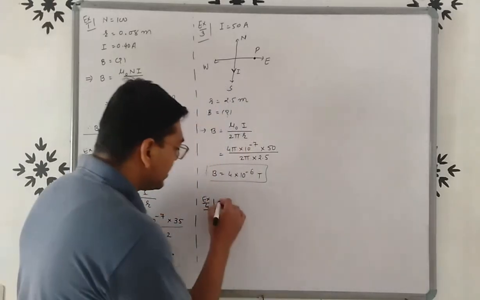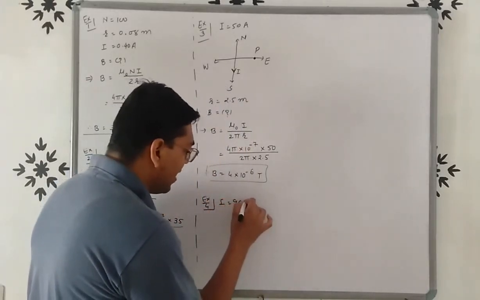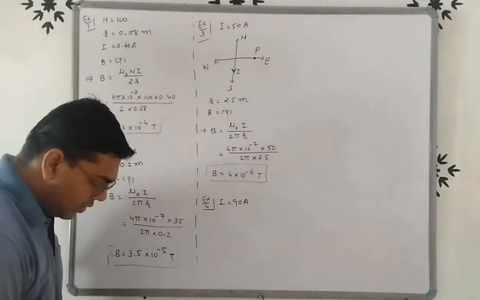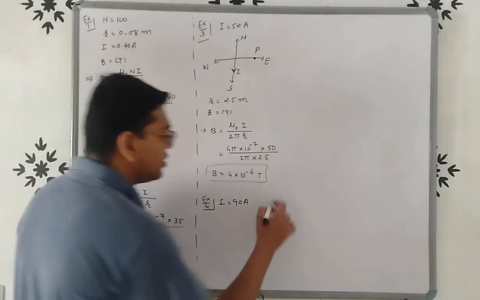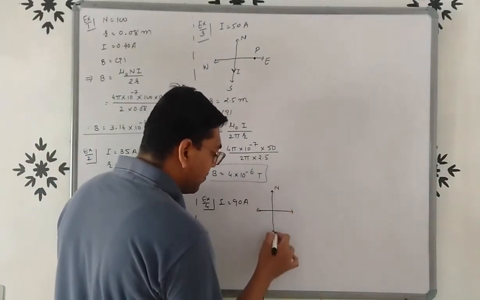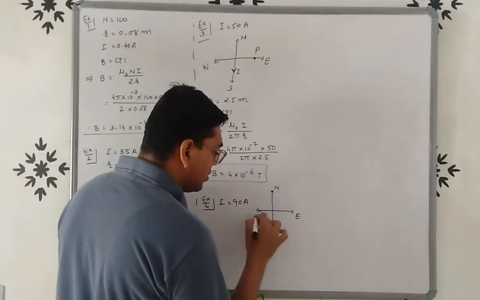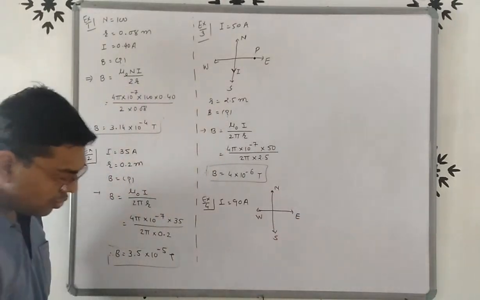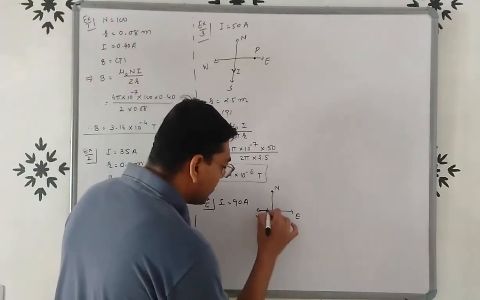So here the direction of current I, value of current 90 ampere, and direction of current is east to west. So like this, north, south, east, west. So here the direction is from east to west. So the direction of current is like this, I.